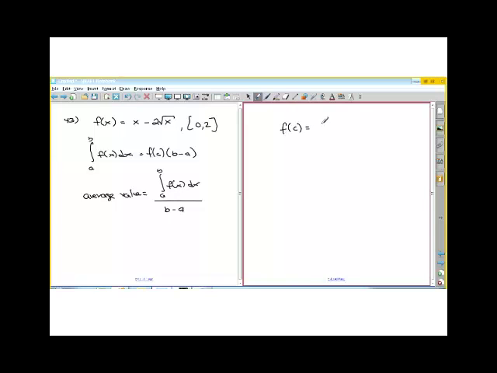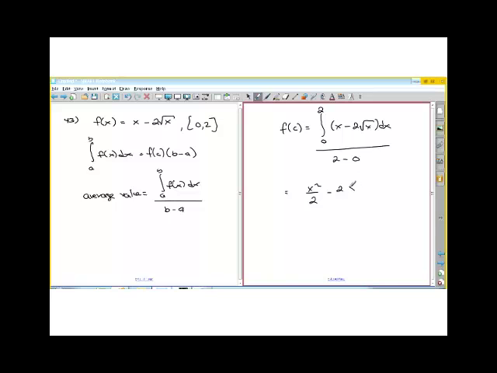So in this case, we'll say f of c is equal to the integral from 0 to 2 of the function, which is x minus 2 square root of x, dx, all divided by 2 minus 0. The integral of x is x squared over 2.